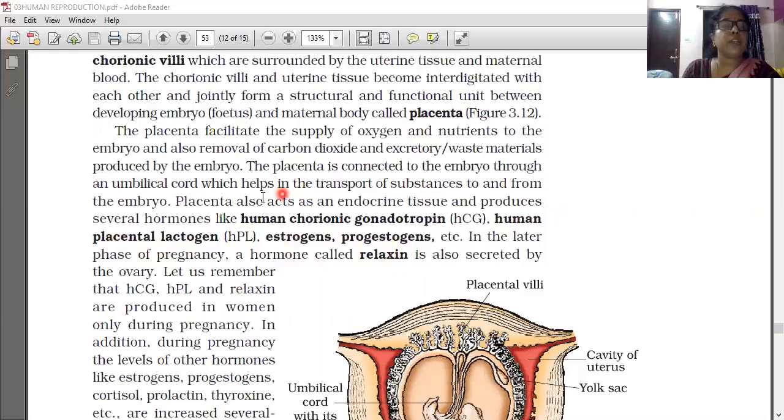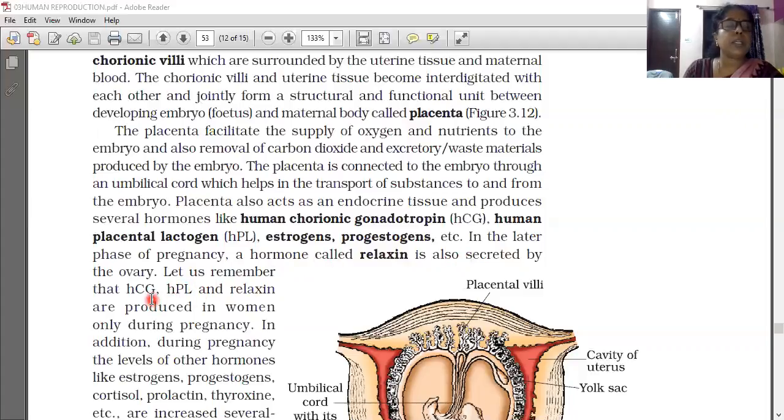In the later phase of pregnancy, up to the time of delivery, a hormone called relaxin is also secreted, not by the placenta but by the ovary.